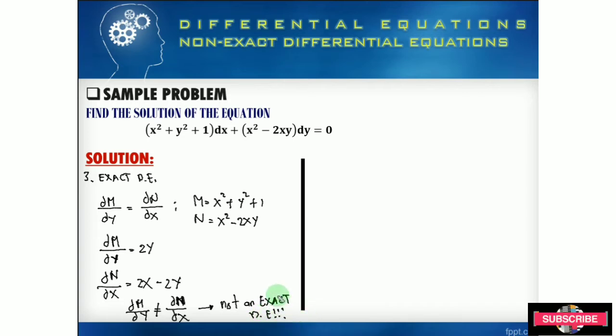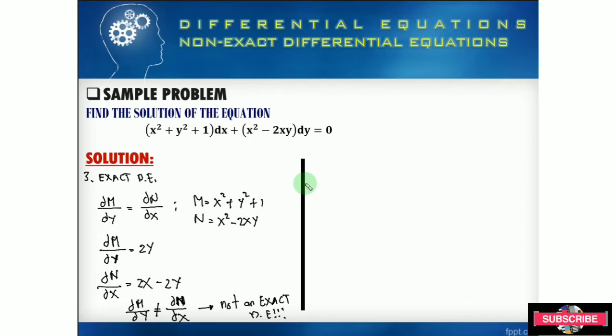So that is why we have this topic today, this non-exact differential equation. So this is the application of our topic in solving a given equation that cannot be solved by variable separable, homogeneous function or equation, and exact differential equation. So we will solve that one using the non-exact differential equation.